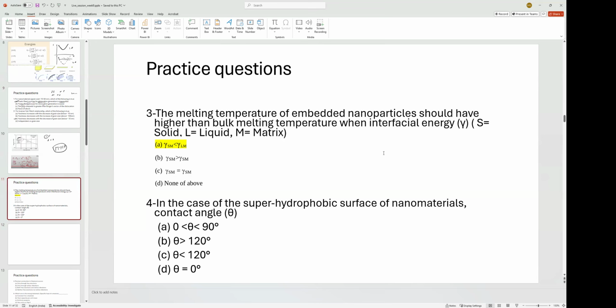The melting temperature of embedded nanoparticles should be higher than the bulk melting temperature when the interface energy gamma between solid, liquid, and matrix varies how?